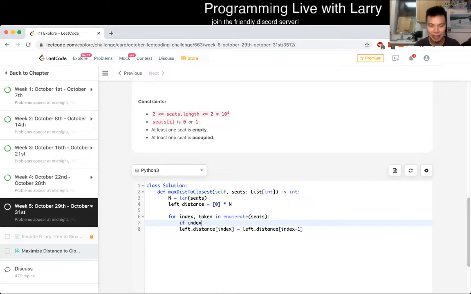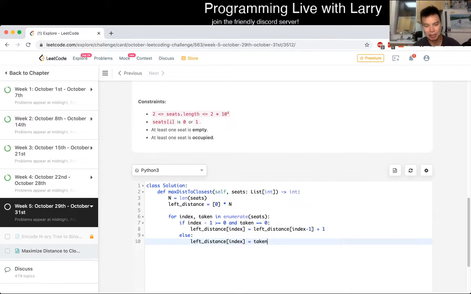If index minus one is greater than zero and the current seat is not taken, then we do this plus 1. Otherwise, we set the left distance to 0, or you should set it to 1 minus taken, actually. Because if this is a 1, then it's taken, so we should start with 0. And if this is a 0, then it should be 1, right?